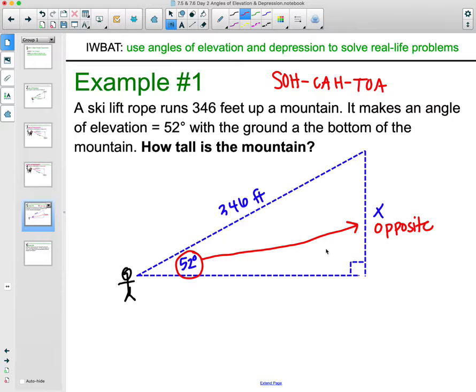And this 346 is directly across from the right angle, so this is the hypotenuse. We are looking at the side that has an H and the side that has an O, so that's going to be a sine function. We will do sine of the angle equals the opposite side over the hypotenuse.